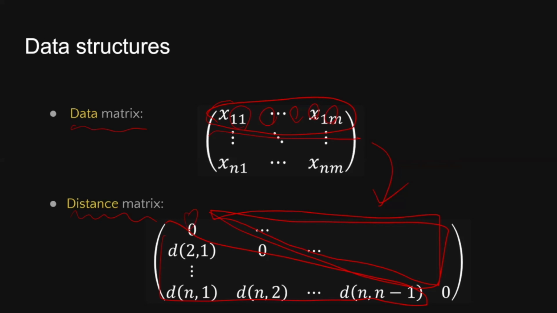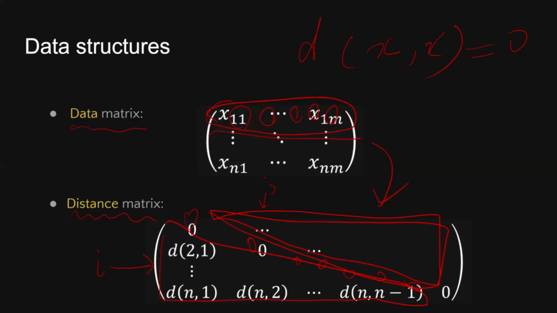And then on the diagonal, you're going to have all zeros, because of the isolation requirement of the distance function: if you have identical objects, then the distance between the identical objects is going to be 0. So the meaning of the distance matrix is that, for example, let's consider the ith row and the jth column.